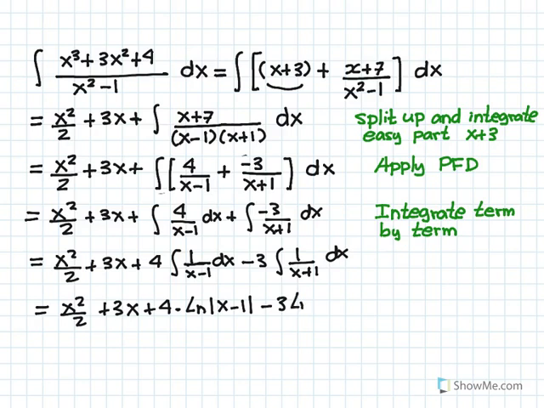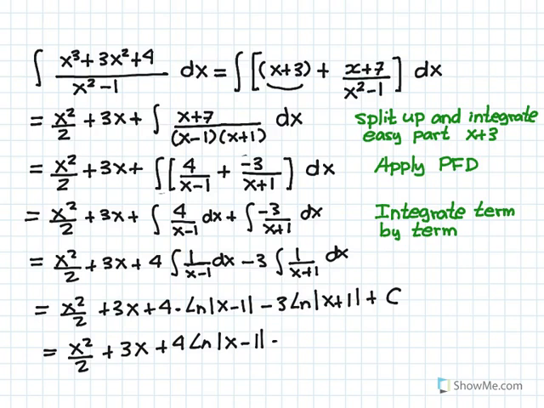That's going to be log of the absolute value of x + 1, plus C. So the result will be x squared over 2 + 3x + 4 times log of the absolute value of x - 1 - 3 log of the absolute value of x + 1 + C.